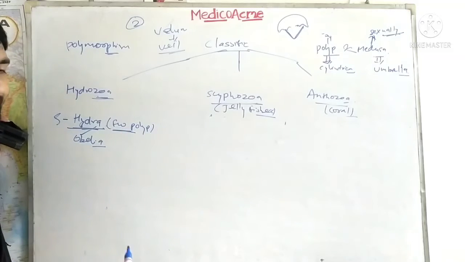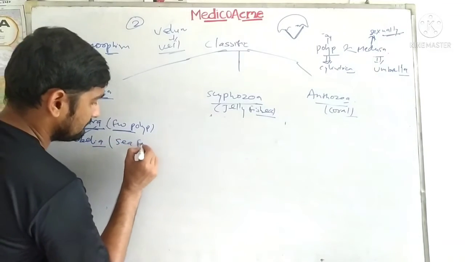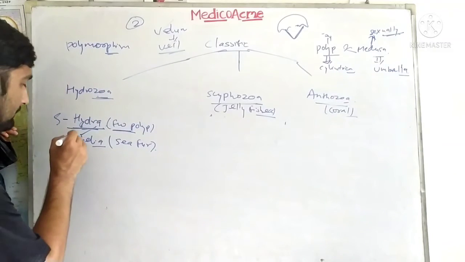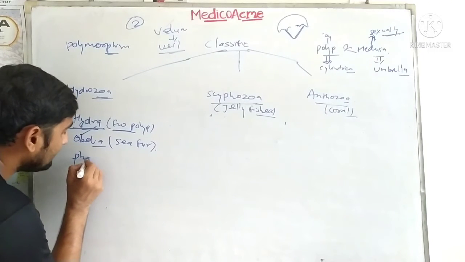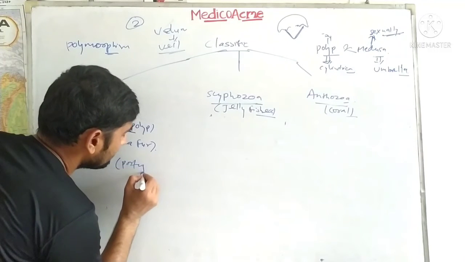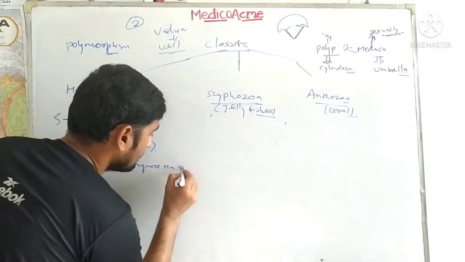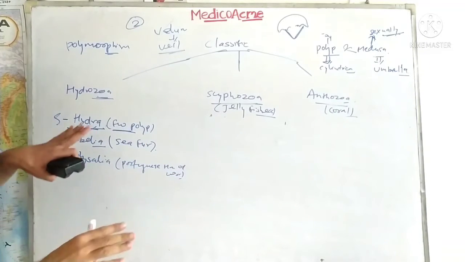Metagenesis I will cover in the next lecture, please stay tuned. Okay, Obelia is known as sea fur. Then the third one will be Physalia. Physalia is called the Portuguese man of war.